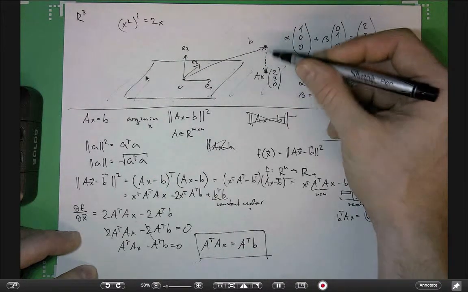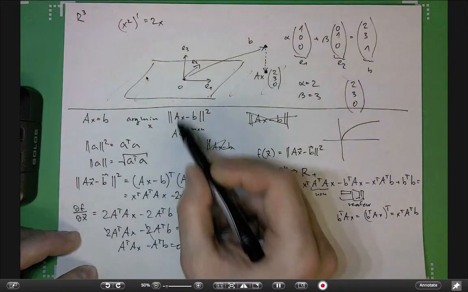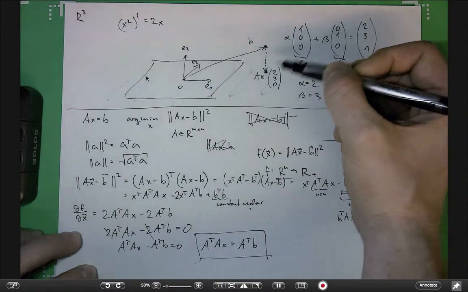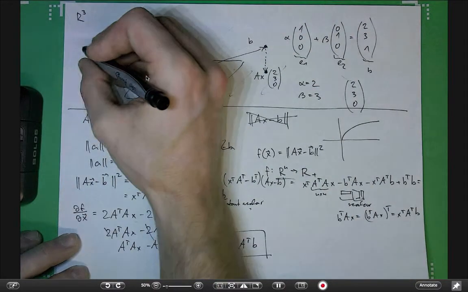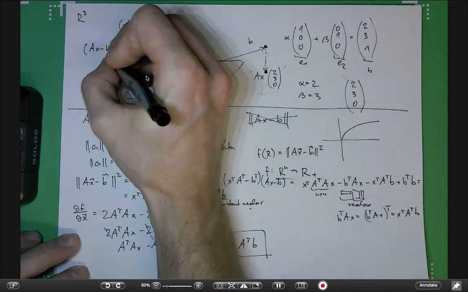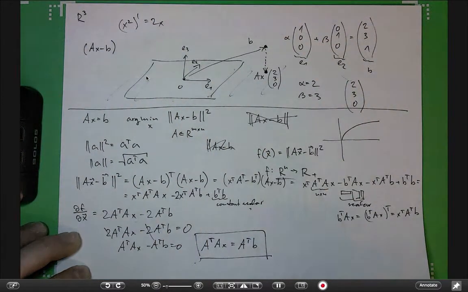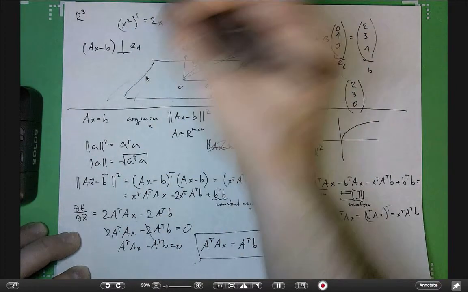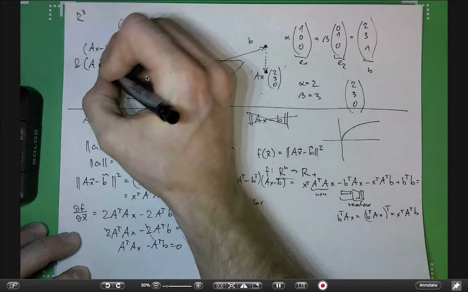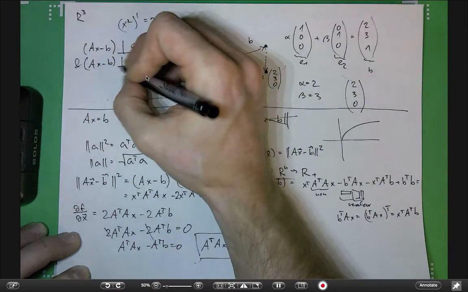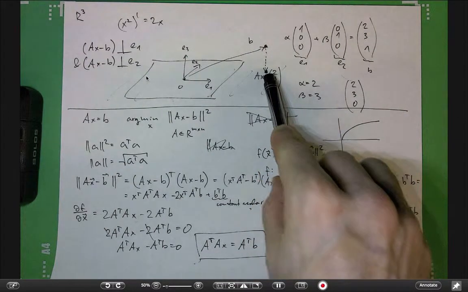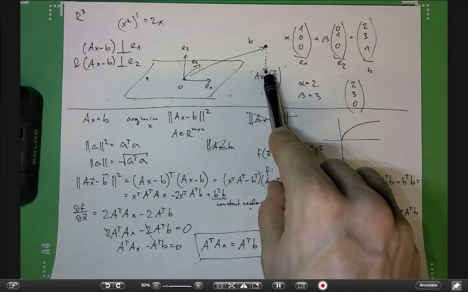So the one way I can find it is shown here, and the other way is algebraic. I can say that I want my AX minus B to be orthogonal to both E1 and also E2, right? Because this is essentially the generalization of the projection on the 1D subspace.